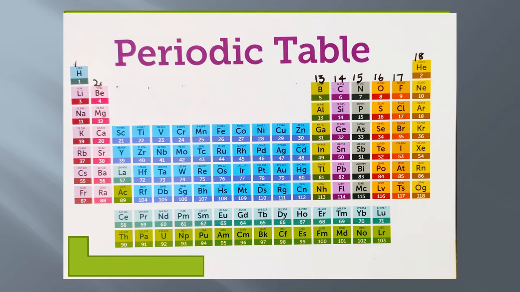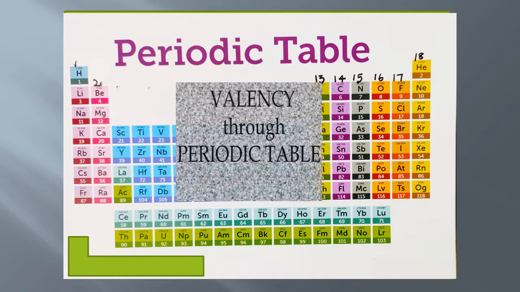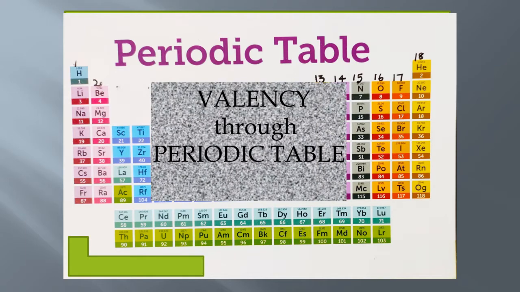Hi everyone. In this lesson, we are going to see how the periodic table helps us in learning valencies. So, valency of elements through the periodic table. Let us get into the topic in detail.